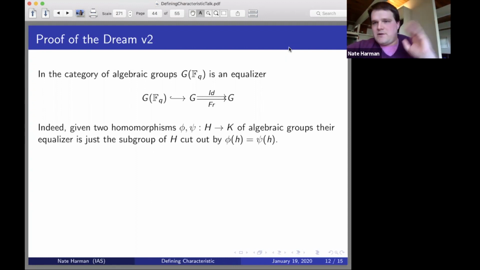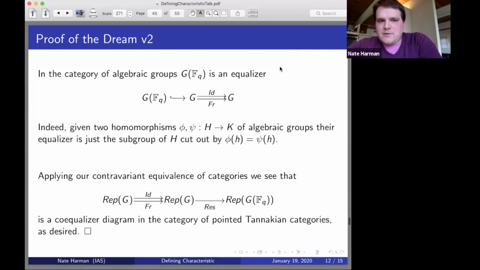And an equalizer is, again, universal in the opposite way, in the dual way, and then we're done, because a contravariant equivalence of categories will send equalizers to coequalizers, and that's it. That's the proof.